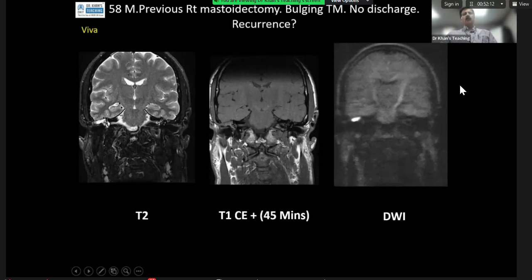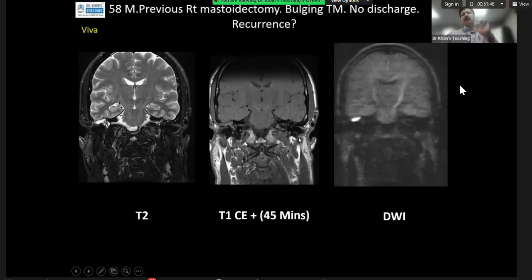So the protocol was that you give contrast, and because there is not enough vascularity there, you do a delayed post-contrast at 45 minutes. In conclusion, an MR with this protocol can differentiate between fluid versus recurrent cholesteatoma versus granulation tissue. So there was a time when people used to do this.